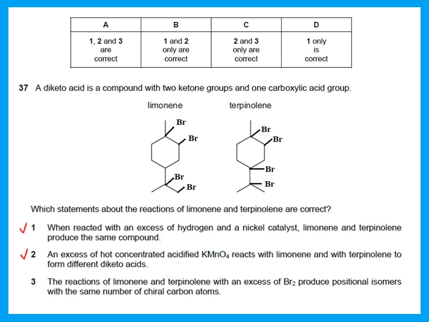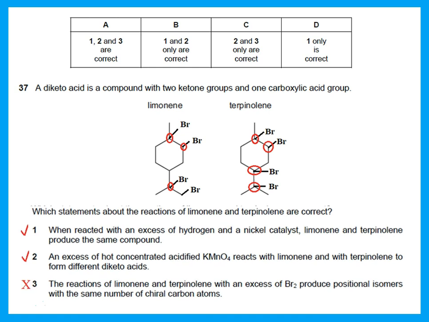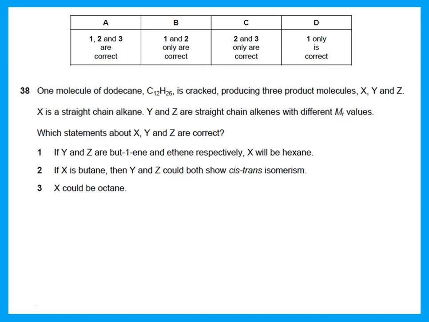Well, which of these are chiral? In limonene, there are only 3 chiral carbons. That fourth one will not make a chiral carbon. But in the other compound, terpinolene, this gives 4 chiral carbons. So this statement is wrong. So 1 and 2 are correct, and my answer is B.